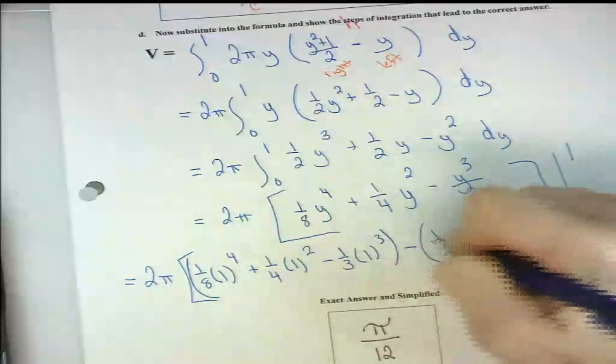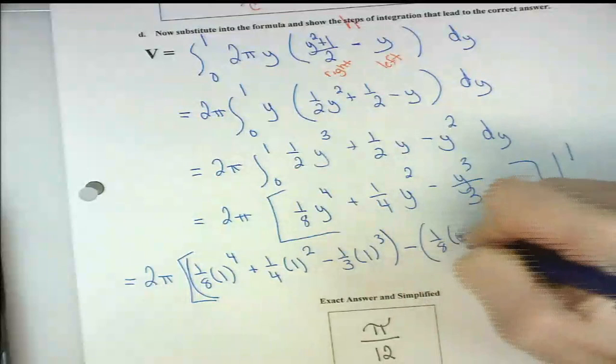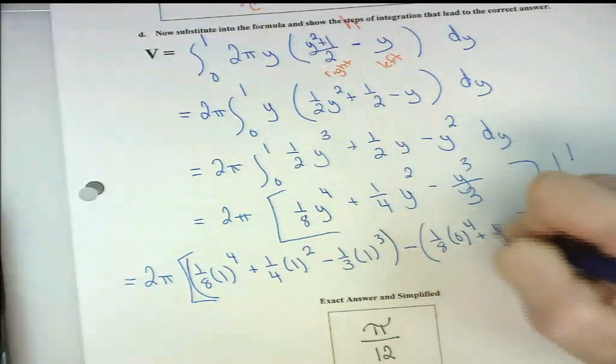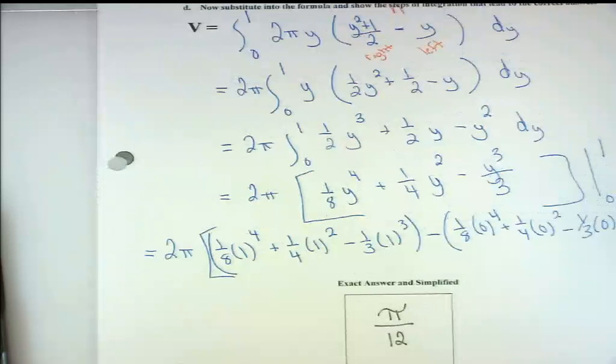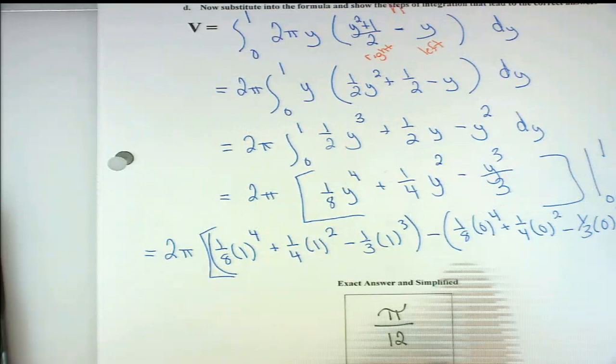Minus 1/8 0 to the 4th plus 1/4 0 squared minus 8 plus 1/3.